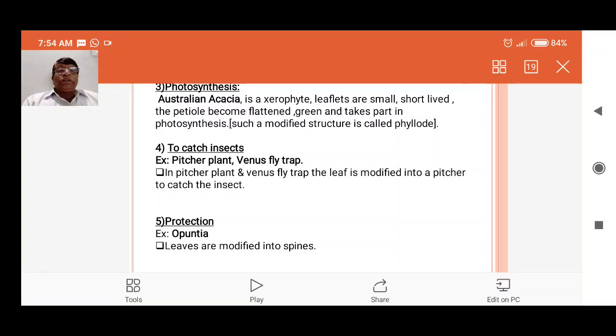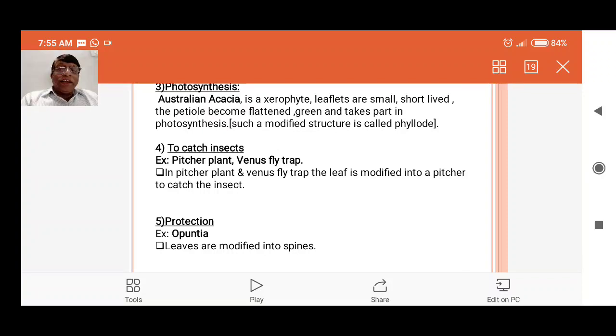For your syllabus, pitcher plant and Venus fly trap are there. In case of pitcher plant, the leaf is modified into a pitcher to catch the insect. These plants grow in areas where the nitrogen is deficient.